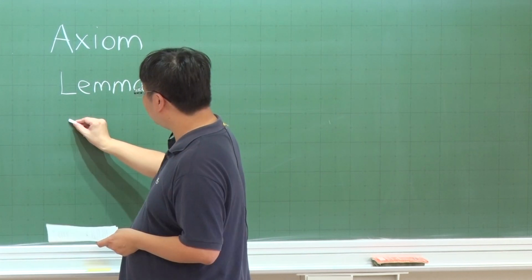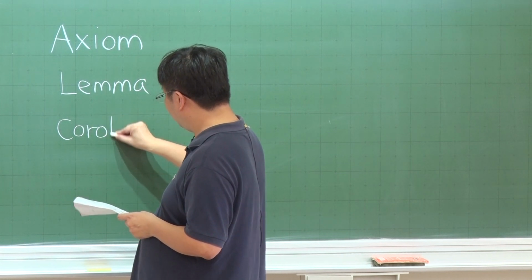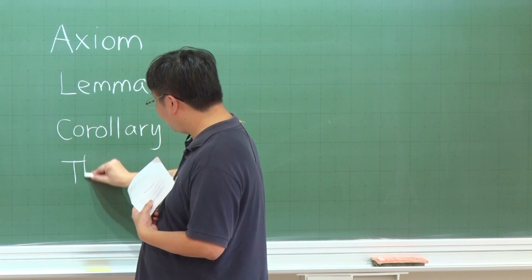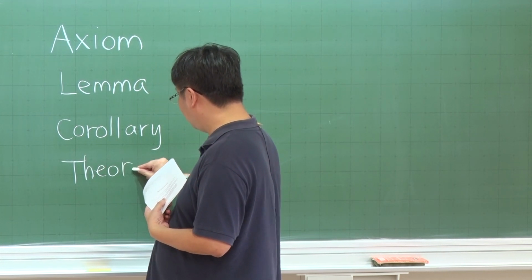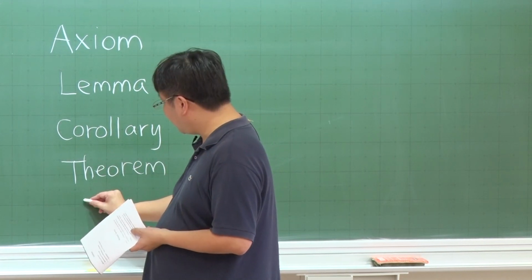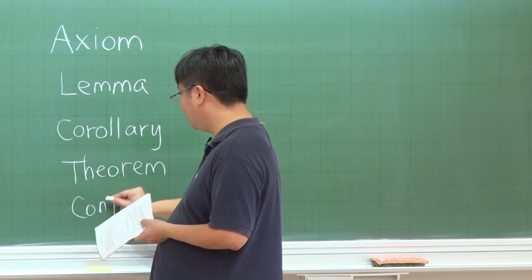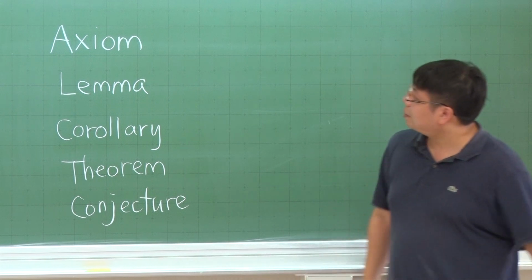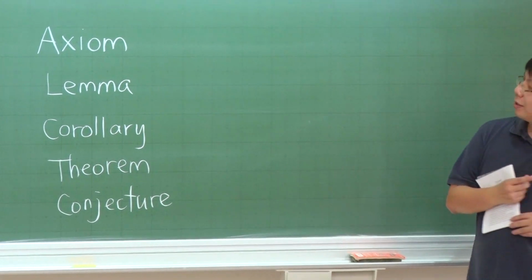And then the other one is corollary. And then the other one is called theorem. And then the last one is called conjecture. So these are some English terms that we should at least learn what they mean.